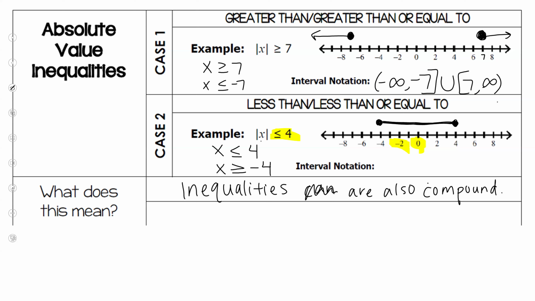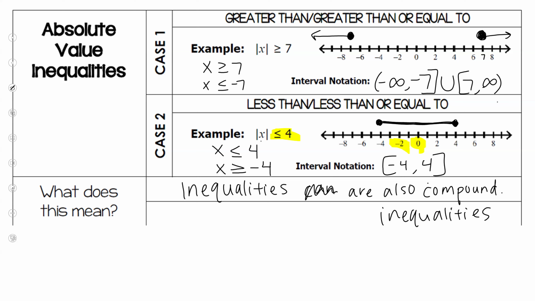These inequalities are also compound inequalities, meaning there's two of them, more than one. Okay. Let's write the interval here. The interval goes from -4 to +4. That's your interval, from -4 to +4.